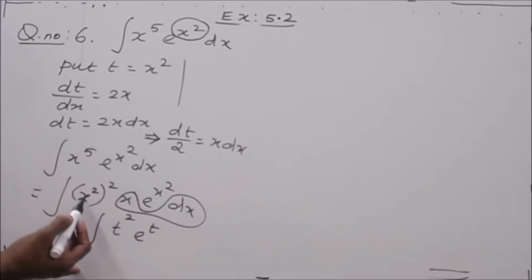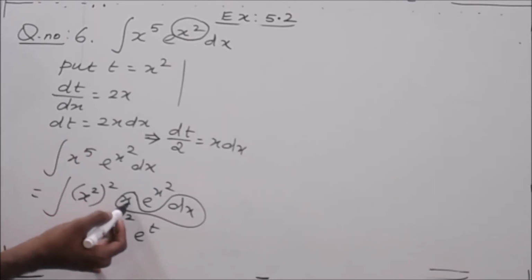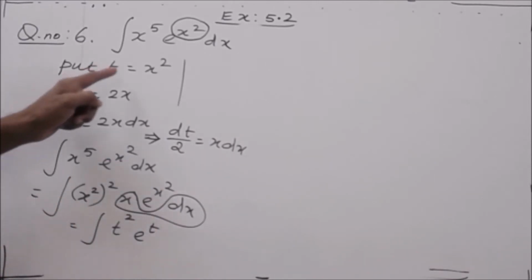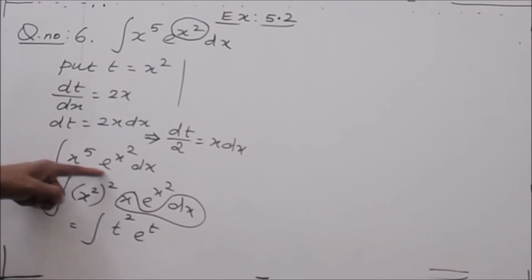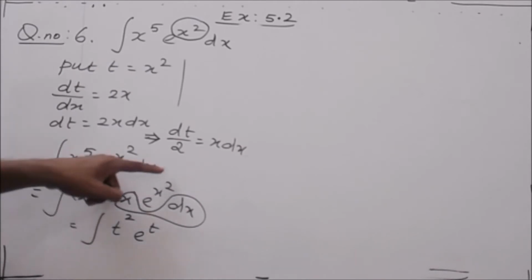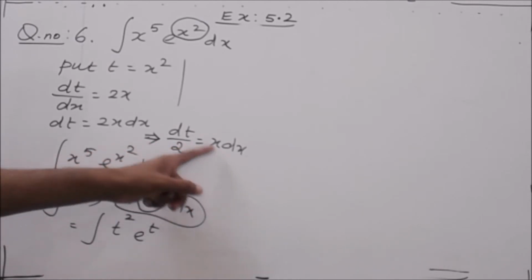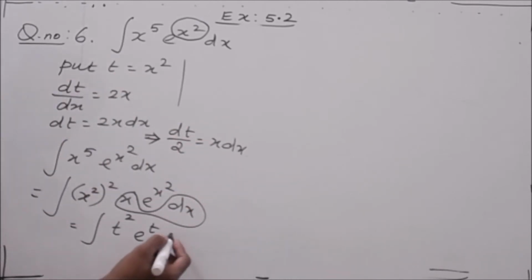Changing x power 5 into x square whole square and into x, and e power x square into dx. Here x square is taken as t, so this is t square, and here e power t, the remaining are x dx, so x and dx are substituted by dt by 2. This is the change of variable method.